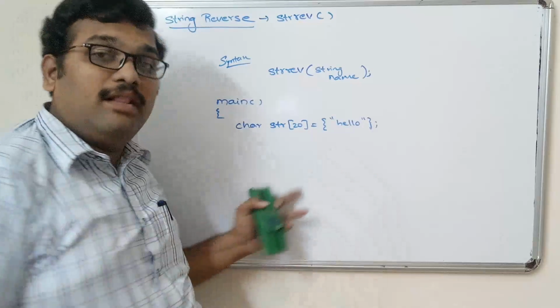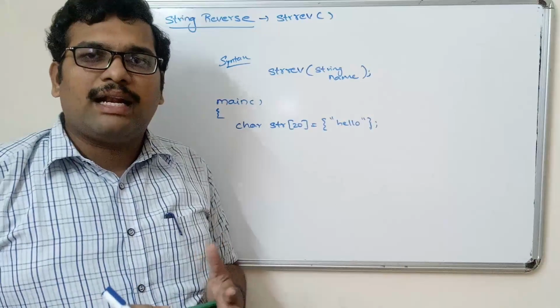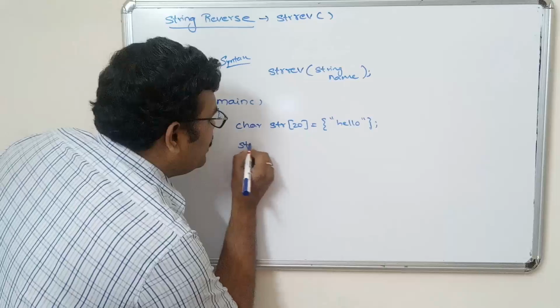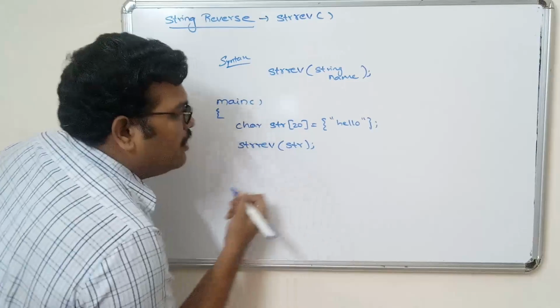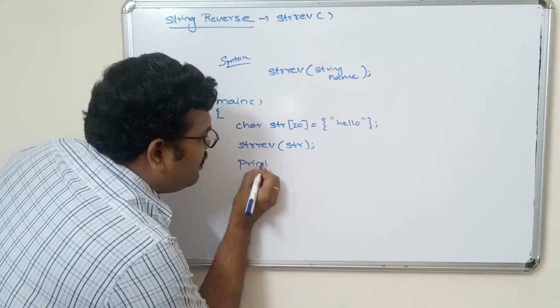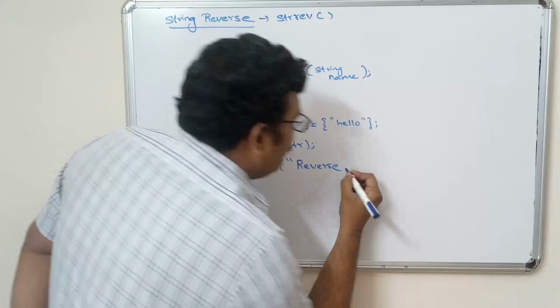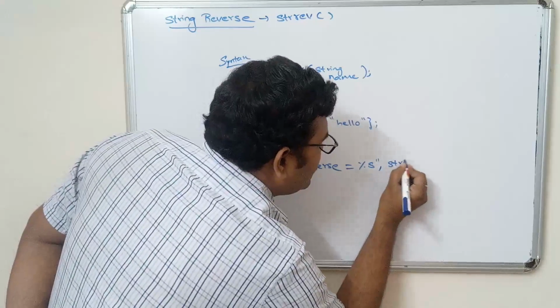I am taking direct initialization, but in programming we have to use runtime initialization. And apply the string reverse function strrev of str. Now print str: printf reverse is equal to %s, str.